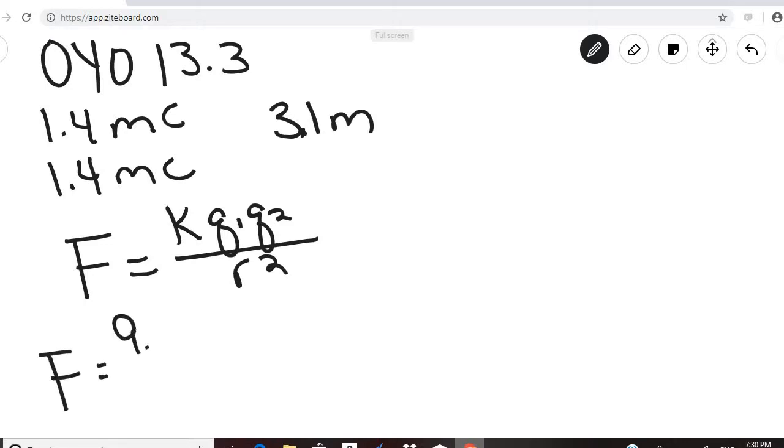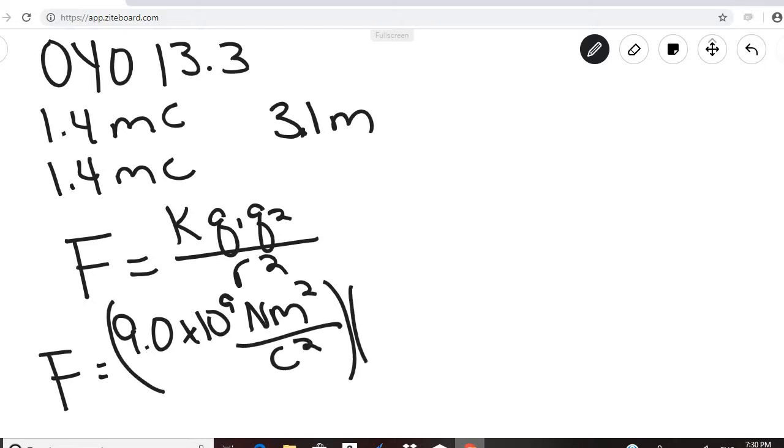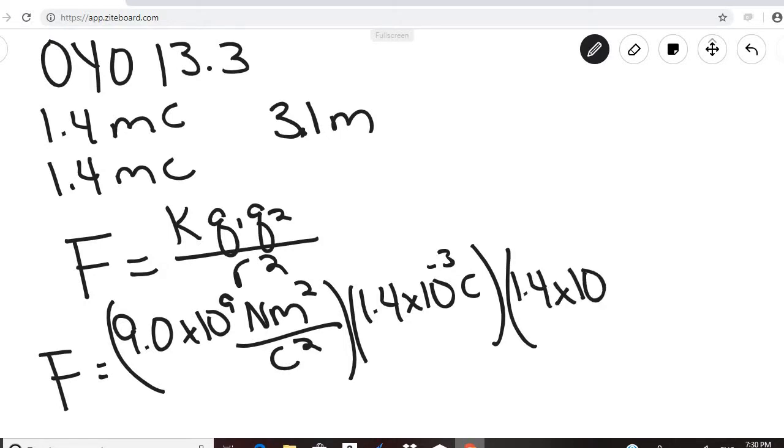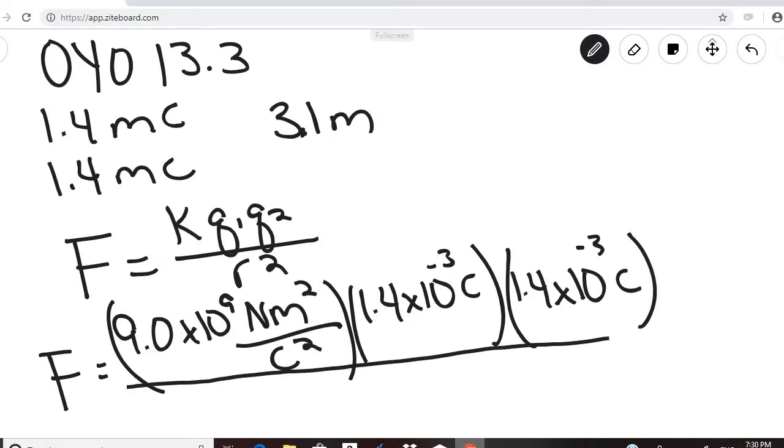K is 9.0 times 10 to the 9th newton meters squared over coulomb squared. And we will multiply that times the charge of the first, 1.4 times 10 to the negative 3 coulombs. We need to get that into coulombs. Same with the other one, 1.4 times 10 to the negative 3 coulombs. So all we did there was divide by 1,000 to go from millicoulombs to coulombs.